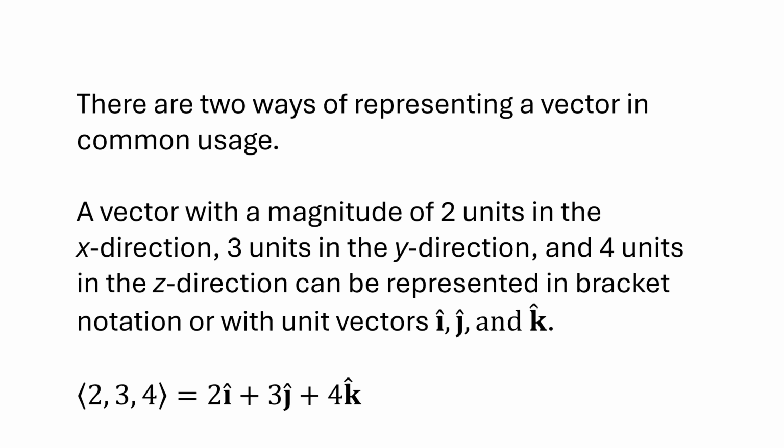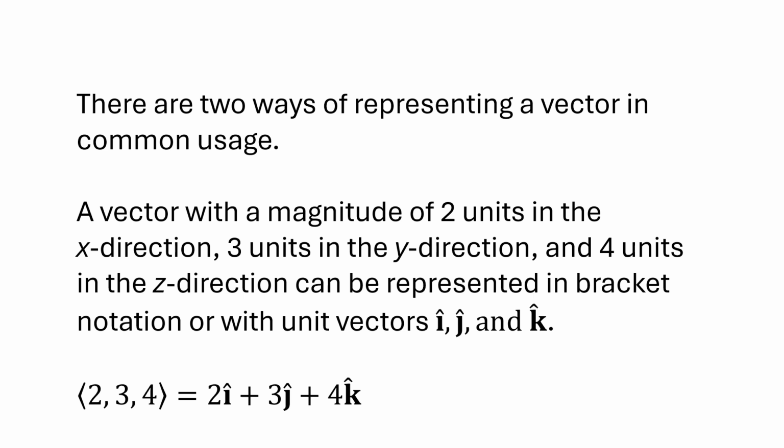There are two ways of representing a vector in common usage. We'll take an example of a vector with a magnitude of 2 units in the x direction, 3 units in the y direction, and 4 units in the z direction.